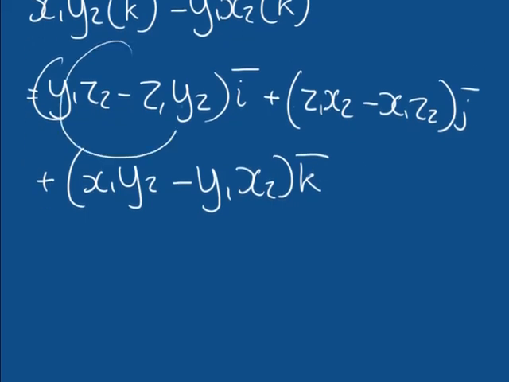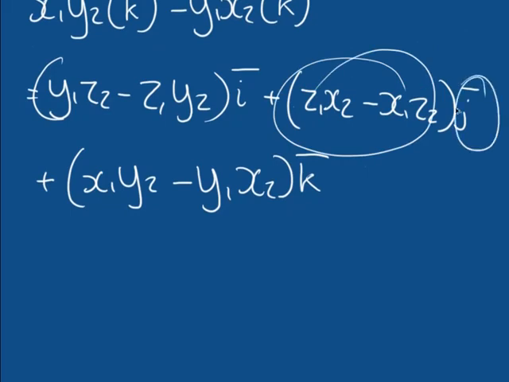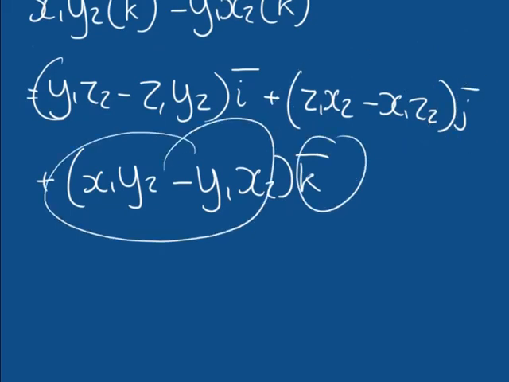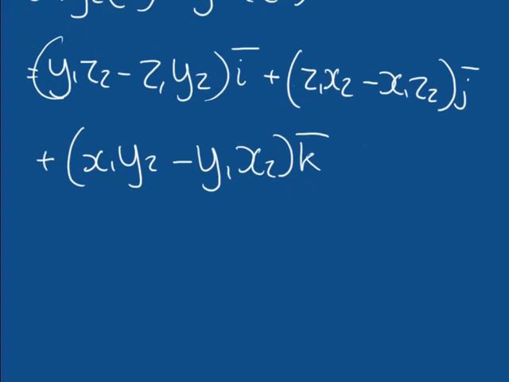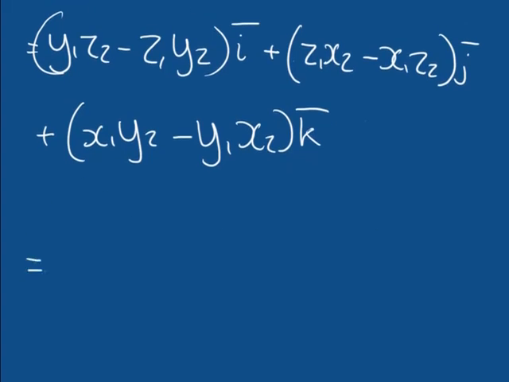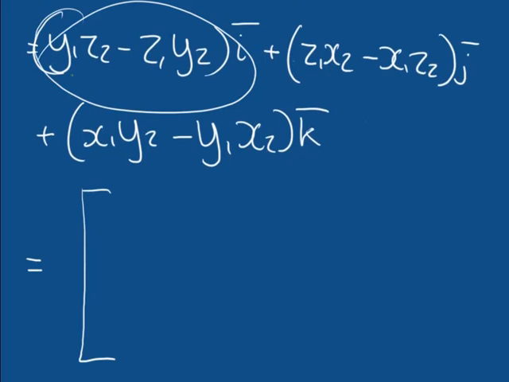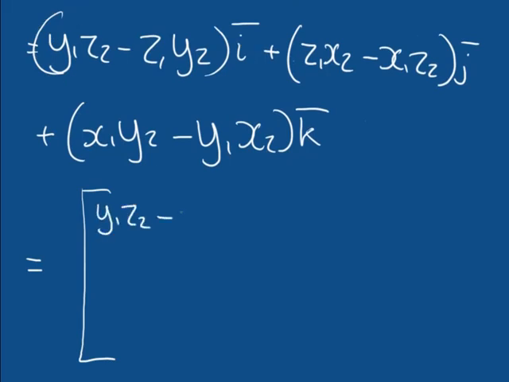Well, if we've got some scalar multiplied by i, plus some scalar multiplied by j, plus some scalar multiplied by k, we could equally write this as the vector where this scalar value is our x component, y1 z2 minus z1 y2.